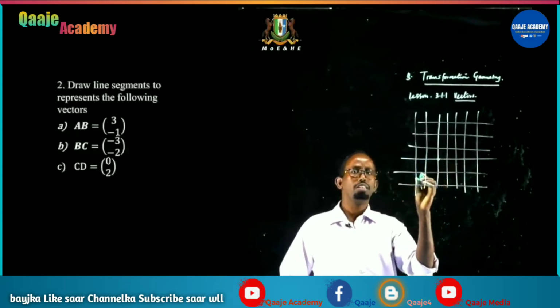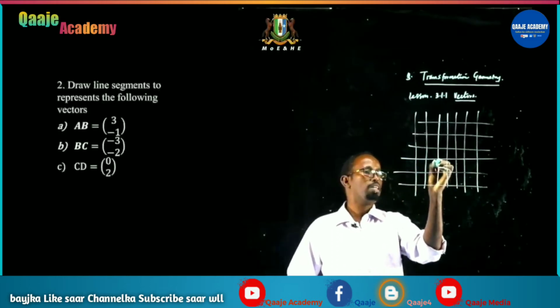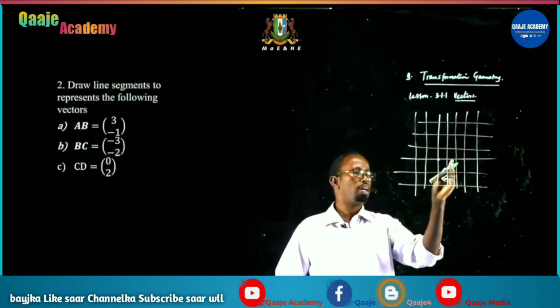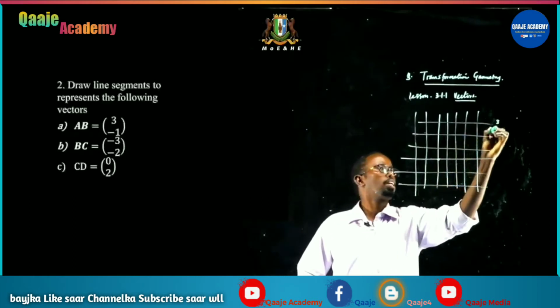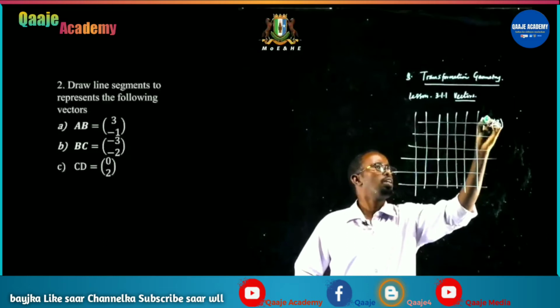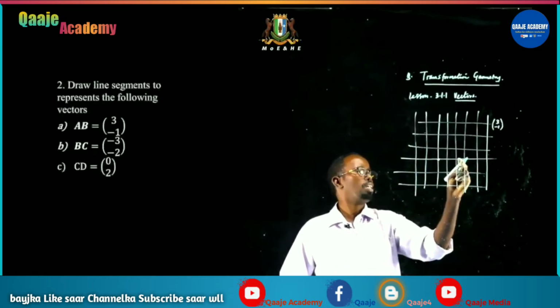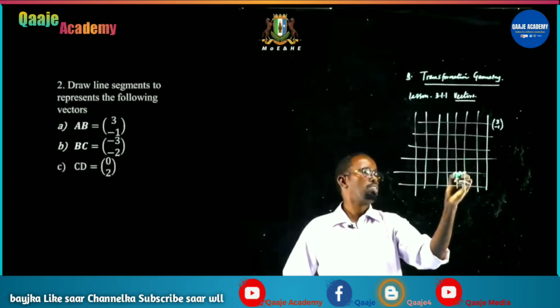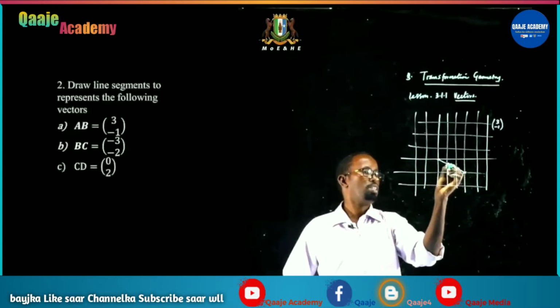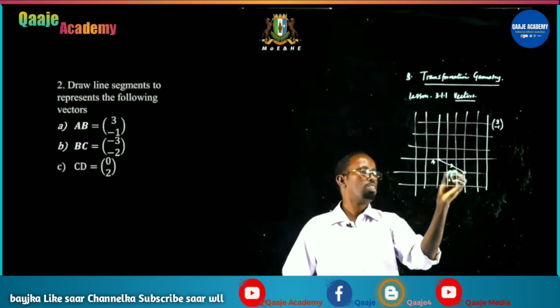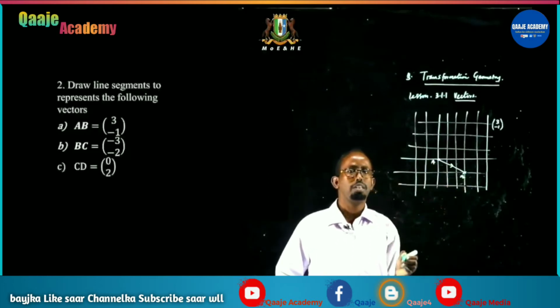So let's say this is my position. 3 steps to the right, 1, 2, 3, and then 1 step downward. Then you use the direction, and you call this one AB.